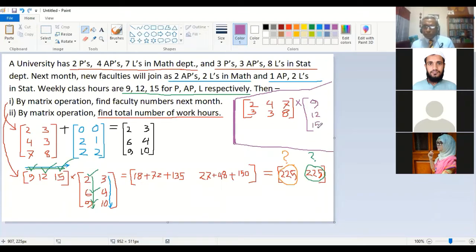In this question, I said you use the matrix, but the structure of the matrix is not given. So it's up to you. If you can represent the quantity matrix one way, you can represent the number of hours matrix in the other way. So both will be different and multiplication will be possible. So the answer will come.